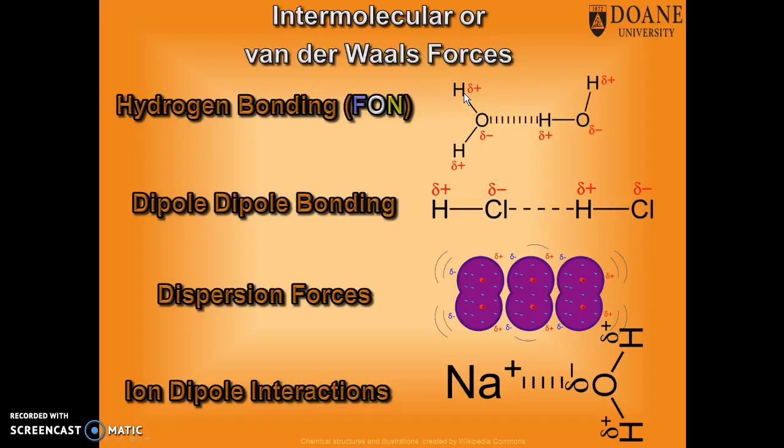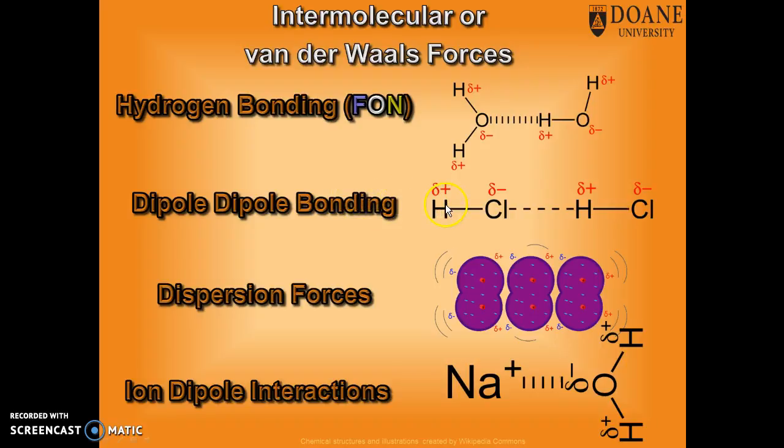Hydrogen has a partial positive charge because most of the electrons are being pulled towards the electronegative element. So now this negative end of water on oxygen is going to interact via hydrogen bonding with a positively charged hydrogen on the other water.